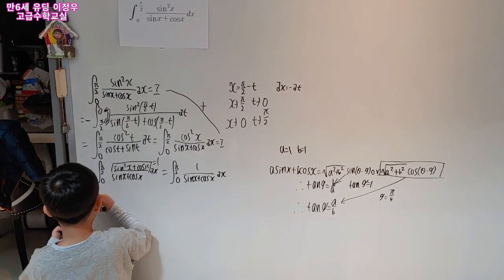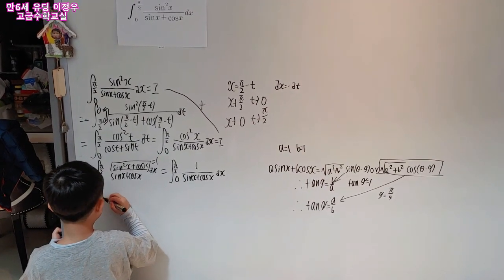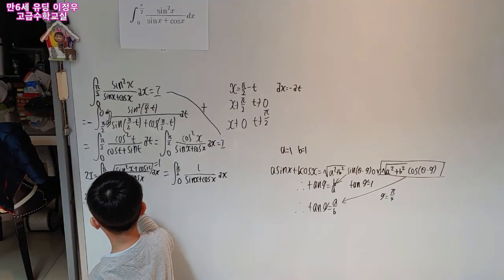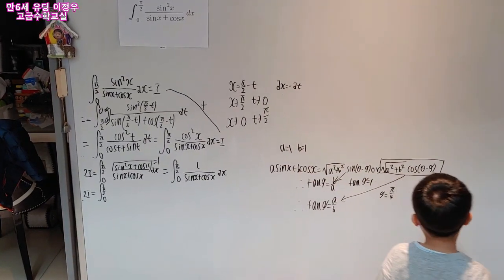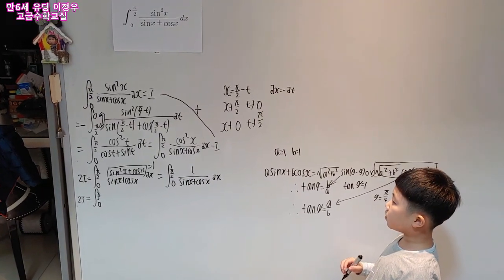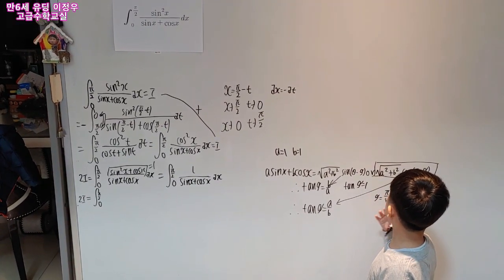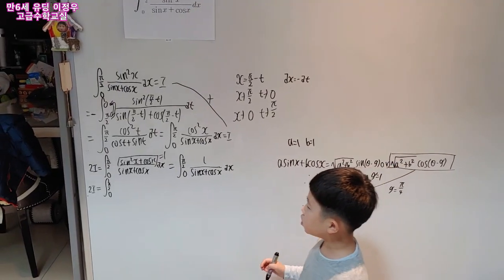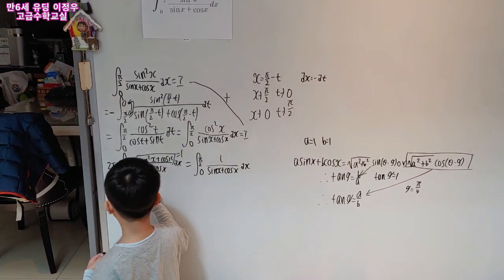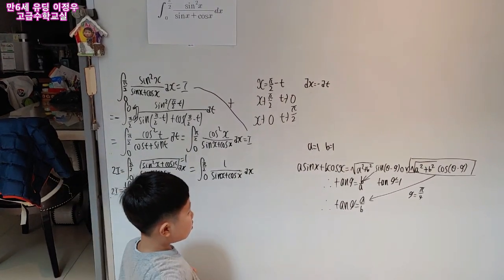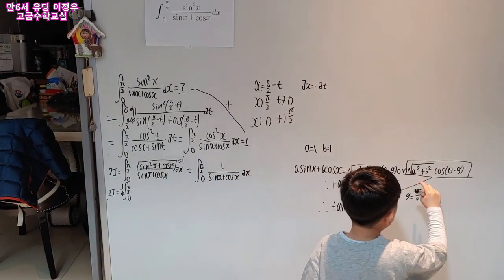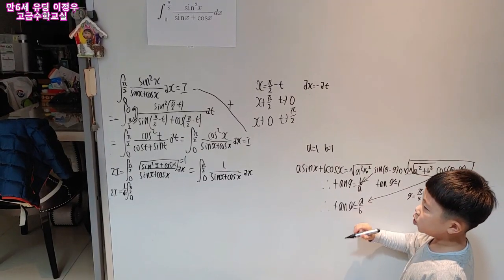So 2I equals the integral from 0 to pi over 2. Root 2 over 1 comes out, since this is 1 plus 1, root 2.